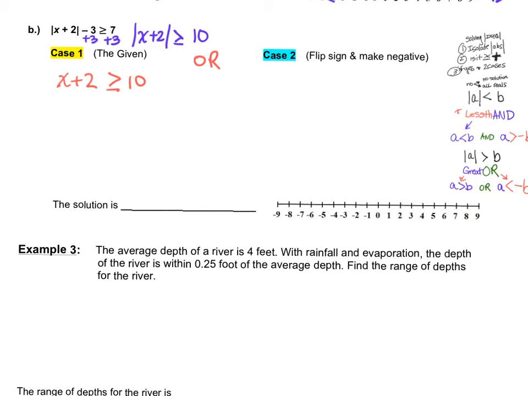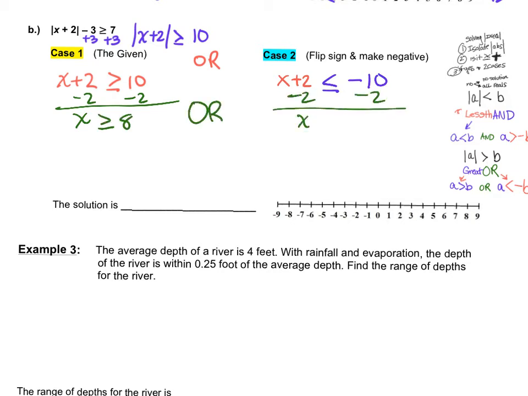Keep the equal to sign because it's part of the problem, so you have to make sure that you include it. Or inside, flip the symbol, keep the or equal to, and make it negative. Solve: x is greater than or equal to 8, or minus 2, x is less than or equal to negative 12. Solution, x such that, start with the smaller number first, x is less than or equal to negative 12, or x is greater than or equal to 8.